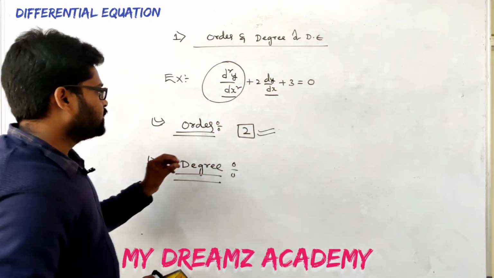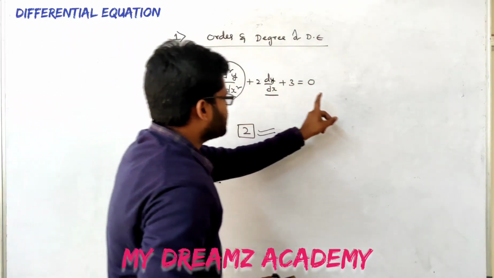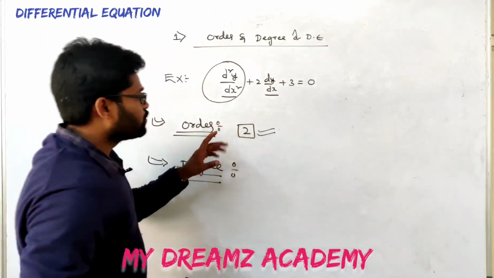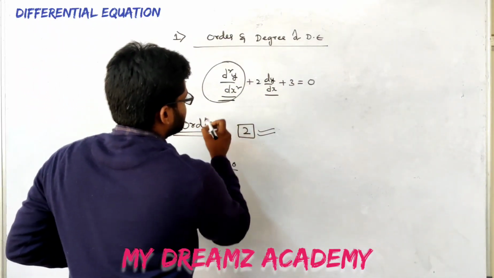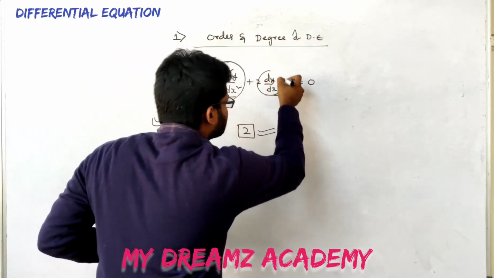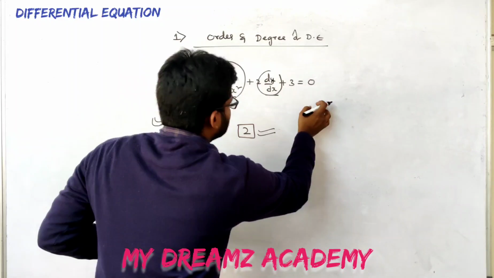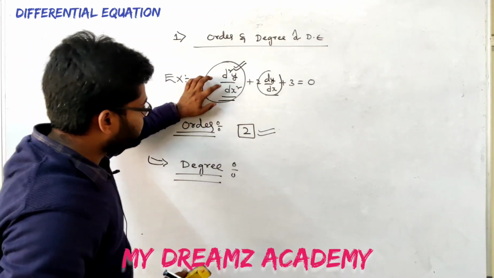We need to see in the equation which coefficient has higher order. This coefficient has higher order. The order of this one is 2 and the order of this coefficient is 1. So which coefficient is higher? This coefficient is higher.